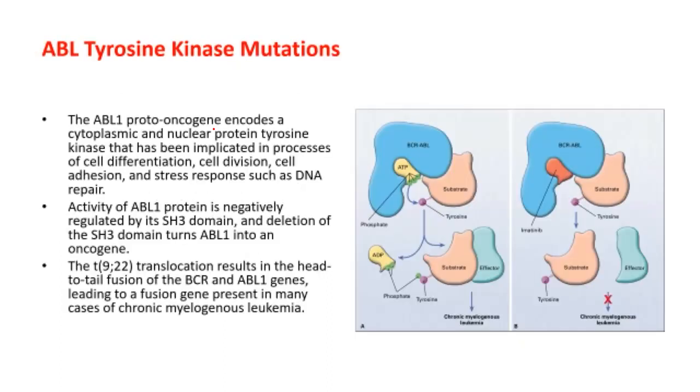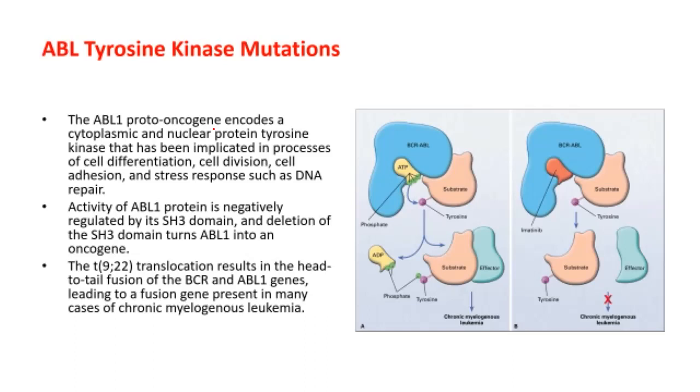Then, some 20 years ago, Time magazine declared the cure of cancer as a pill. This is about the ABL tyrosine kinase mutation. ABL tyrosine kinase is usually expressed in the nucleus, and it is responsible for certain genetic regulation.